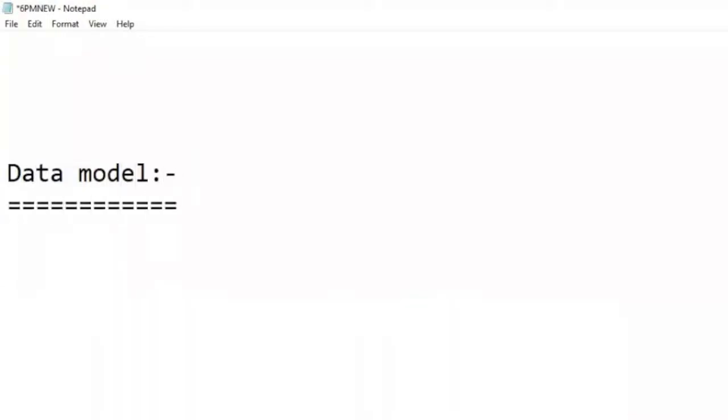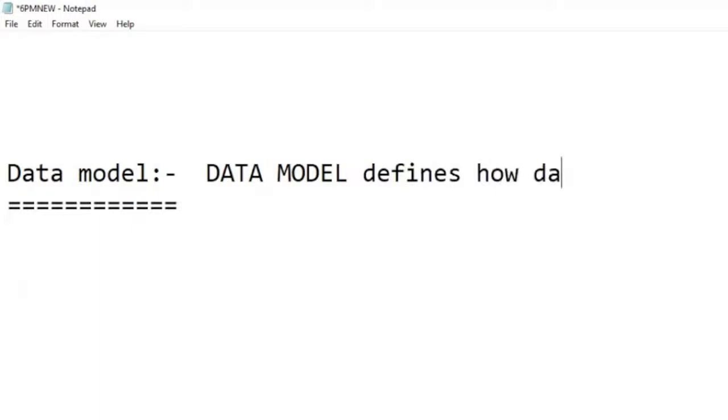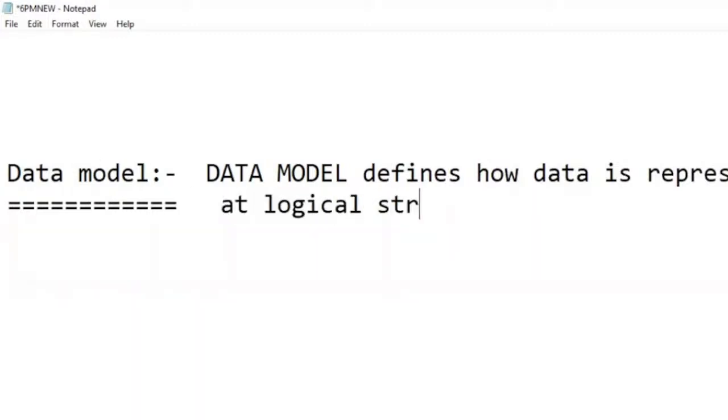Data model represents how data is represented. Data model defines how data is represented at the logical structure of the database.